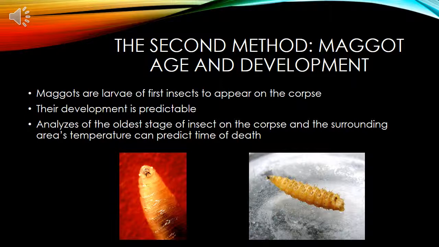Their development consists of a predictable cycle with a set number of steps. Each developmental stage takes a known amount of time. Analysis of the oldest stage of insects on the corpse and the temperature of the area a body is discovered in can lead to a day or a range of days in which these flies first oviposited or laid their eggs on the corpse, leading to the time of death.